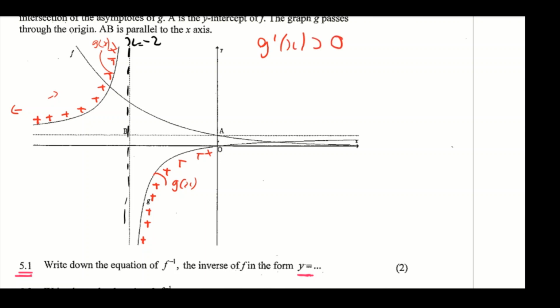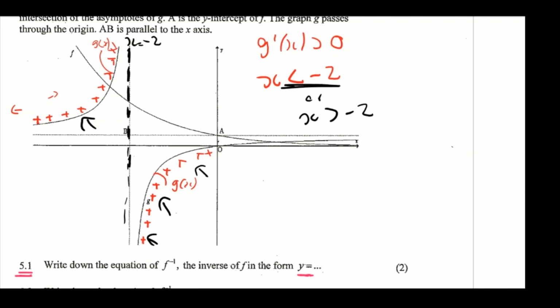So how do we find the solutions of x when the g prime of x is greater than 0? This means that when x is less than -2, which is when it's less than this asymptote of x equals -2, our graph is increasing, as you can see there. Or when x is greater than -2, our graph is still increasing. So those are the solutions of x.